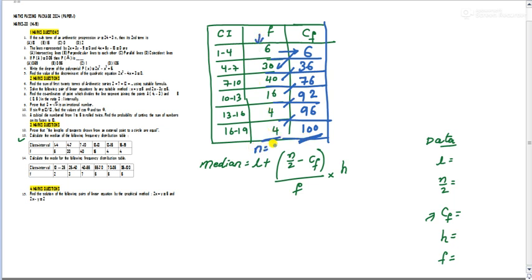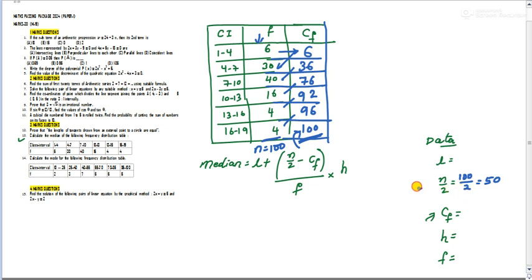If you add this frequency, you'll get 100. And also the last term in the CF should be the same as n. So n is 100. You need n by 2 first. So 100 by 2 is 50. Are you guys getting it? Okay, so this is 50.